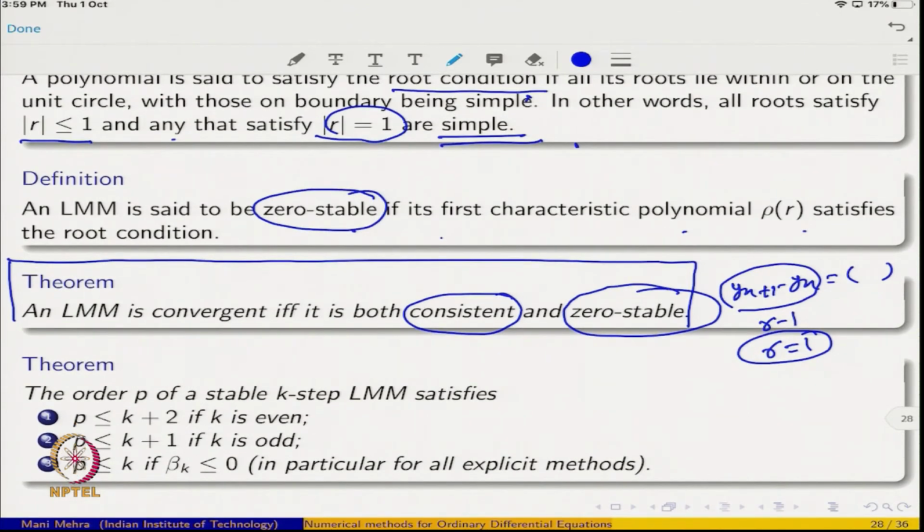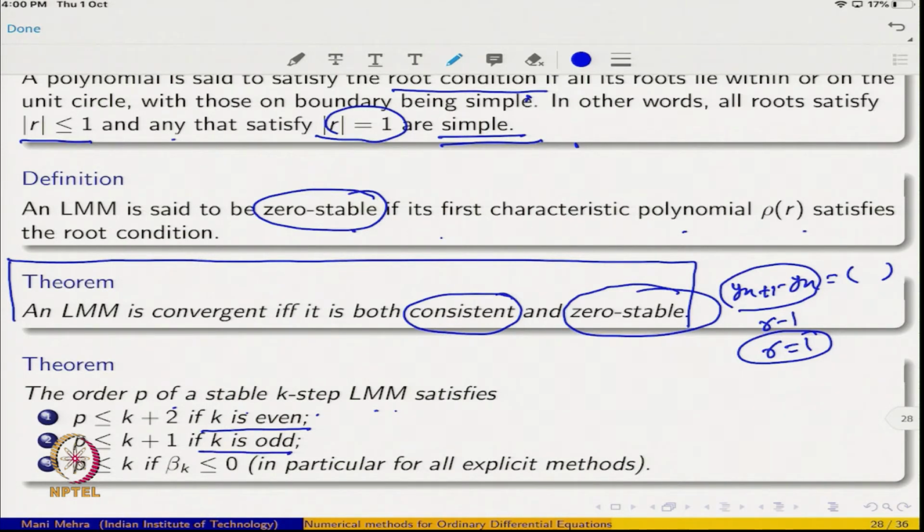Now, there is another theorem which says that the order p of a stable k-step linear multi-step method will satisfy the following inequality: p is less than or equal to k plus 2 if k is even. So this theorem tells me that you cannot get any desired order. p will be less than or equal to k plus 1 if k is odd.